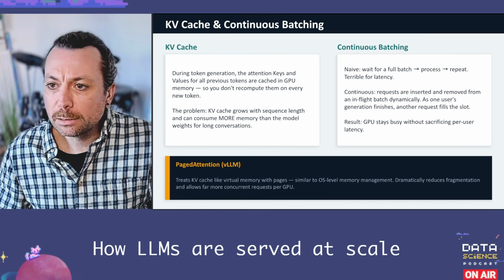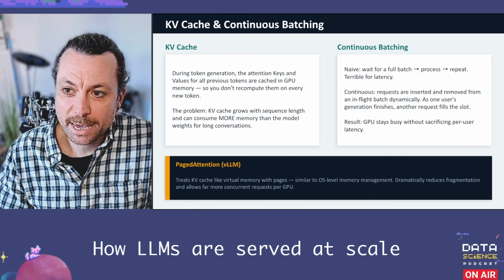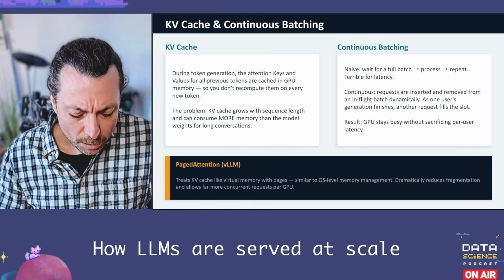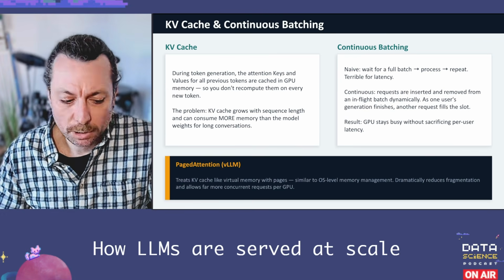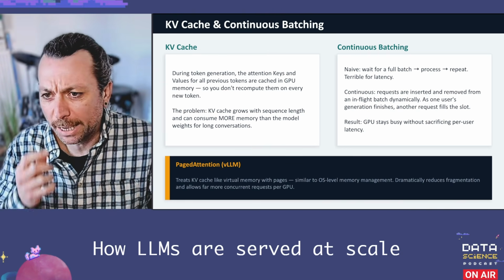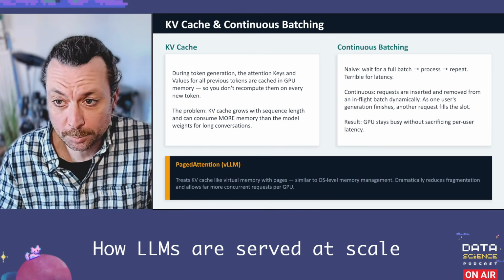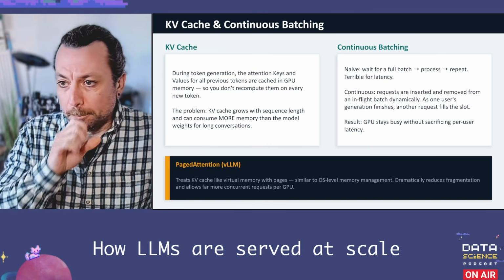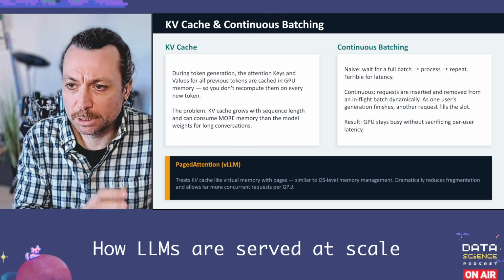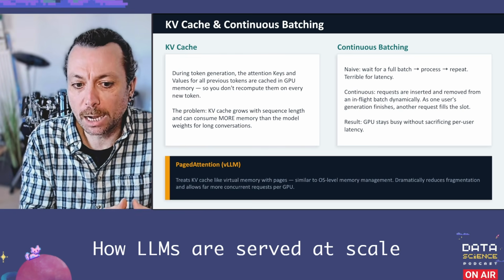Now, the other concept that I want to clarify is KV cache and batching. So what is this? Well, during token generation, we have so-called attention keys and values. And this is, again, another important aspect of the concept of transformers, right? So the attention keys and values for all the previous tokens are cached somewhere.